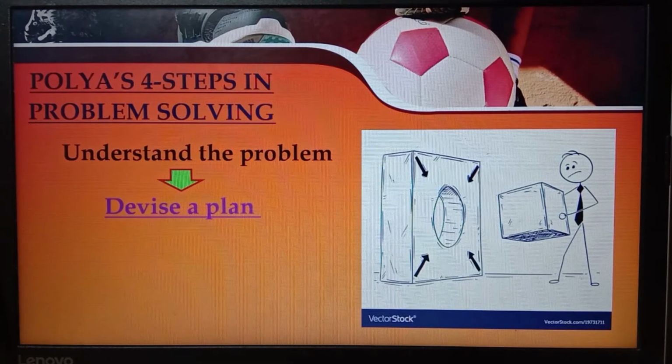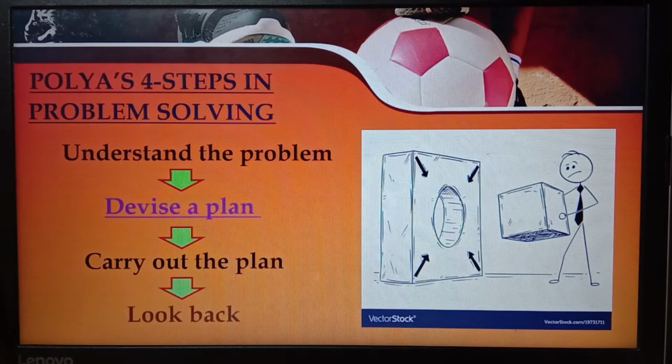There are lots of plans or strategies you could use to answer the problem. Once you have decided on a plan, you carry it out, and after carrying out the plan you look back, and checking is part of looking back. Look back at the problem to see whether you have answered it or not, and devise another plan if you have not answered it correctly.